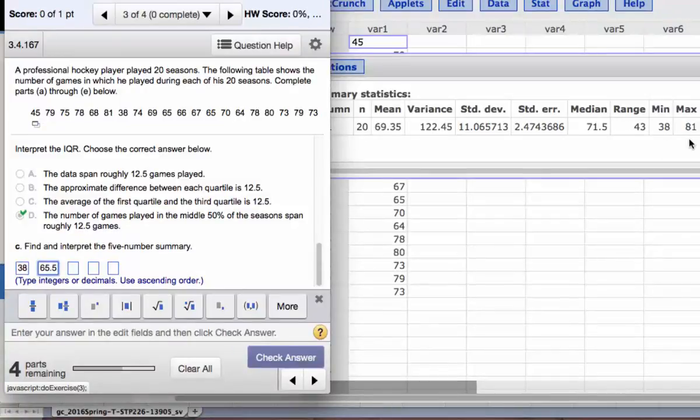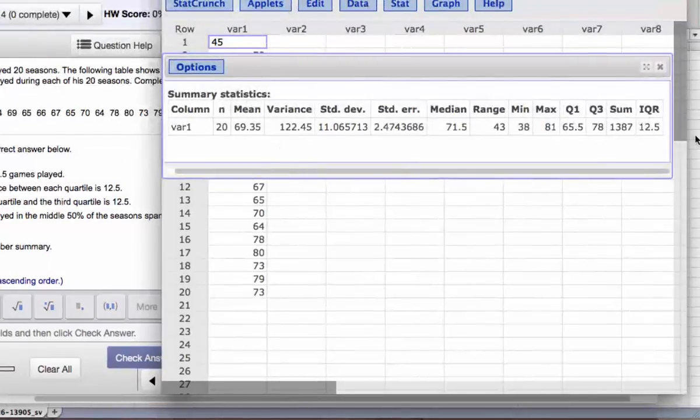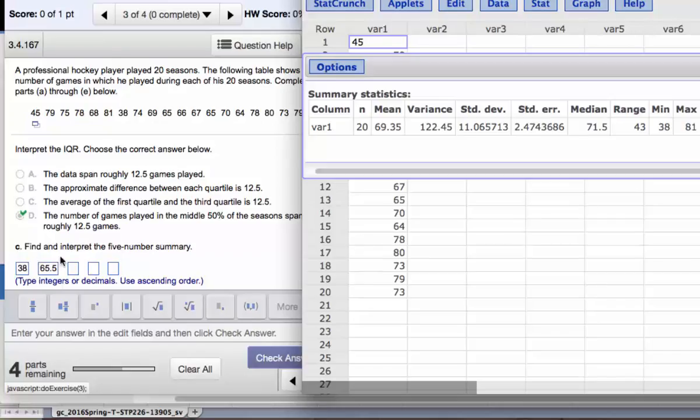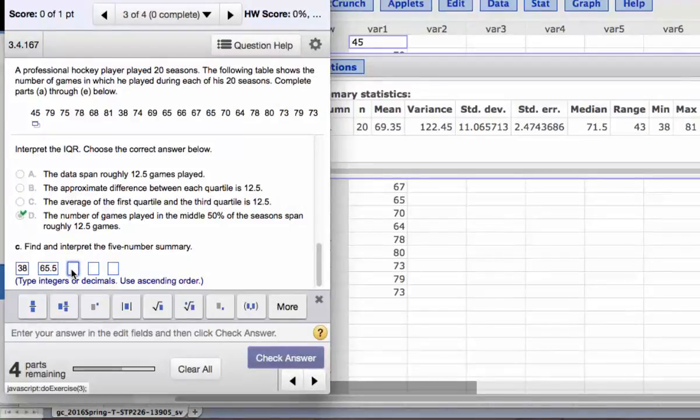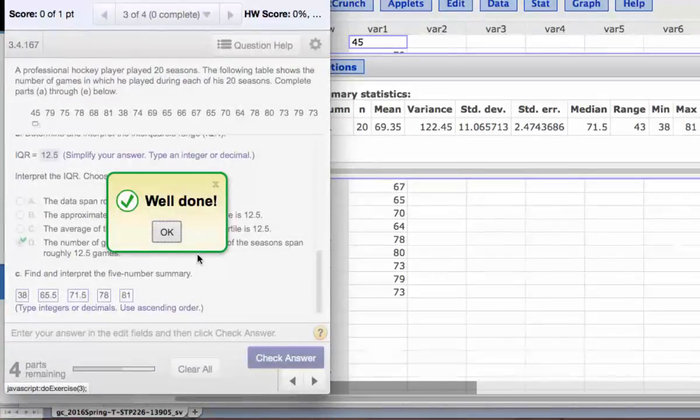Oh, we got it all over here, right? Median is 71.5, then 78. And the max, 81. Very good.